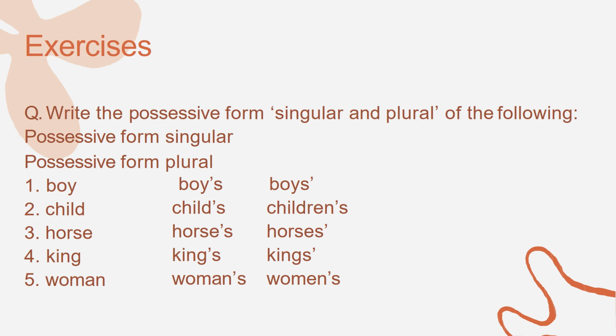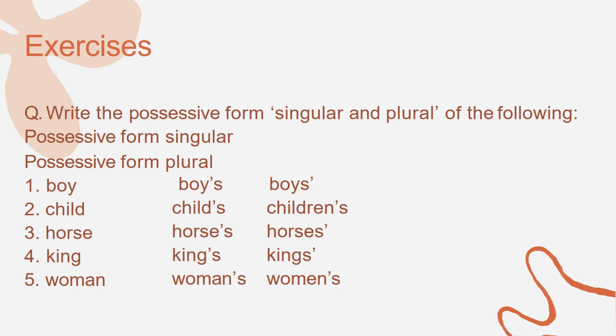The next one is child. The singular of child will remain the same, that is child, and we will add an apostrophe s.